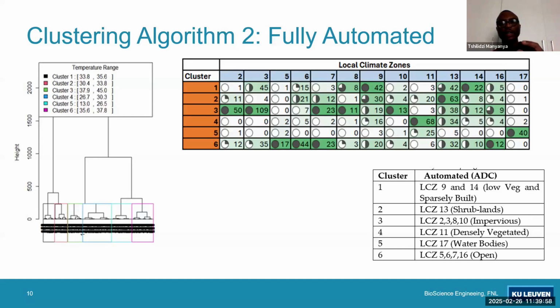The only difference here is that instead of grouping 13 and 11 as one cluster, it separated them. And then instead of having a cluster of 7 and 10, it separated them, where 10 was put in the mostly impervious class, and then 7 was assigned with the more open clusters.